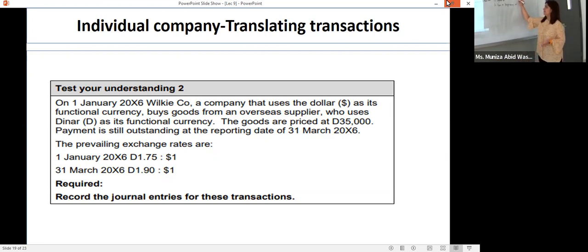This is a gain. Gain is credit. Now, in financial statements, what is going to happen? The gain will be reported in SOPL, whereas in SOFP, payables are going to be reduced by the same amount. These are going to be the two treatments in our financial statements.